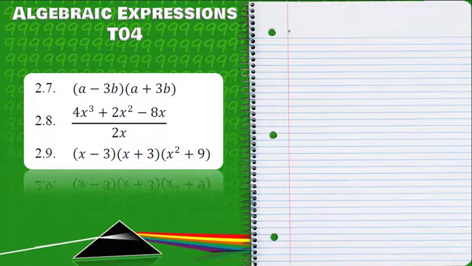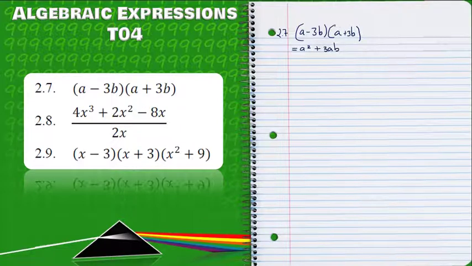Then for question 2.7, here we just have another FOIL. We've got a minus 3b and then a plus 3b. So multiplying the a out with both of these terms, we've got a squared plus 3ab.